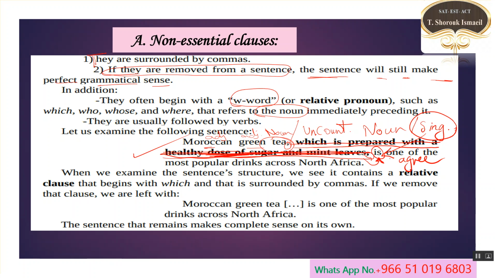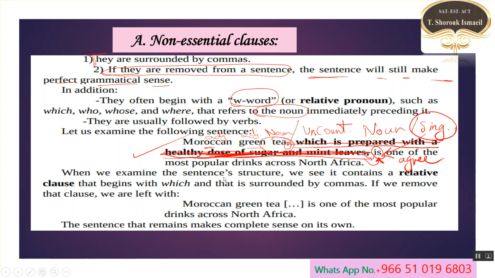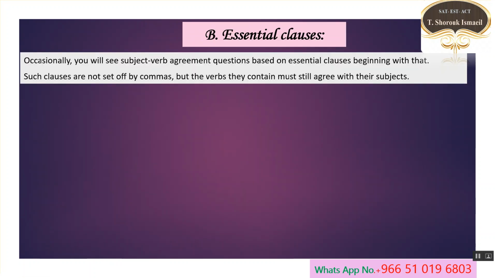So my steps here: first, identify my subject. Then, if you find a non-essential clause, cross it out. You don't need it. Find your verb and think about the agreement. Is there an agreement or not? If there is no agreement, fix your verb.